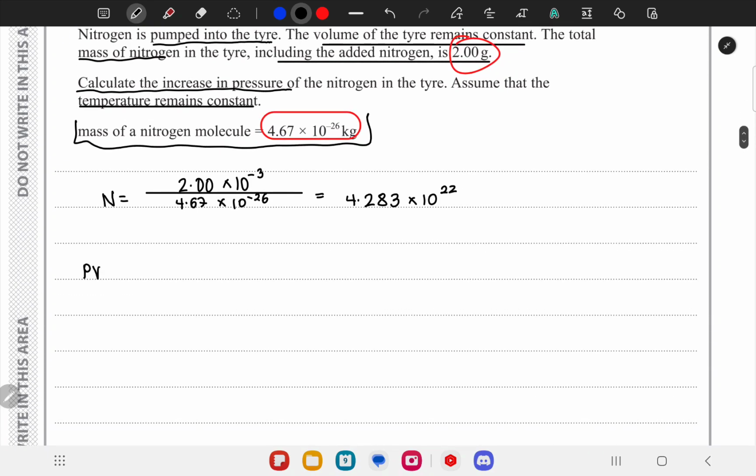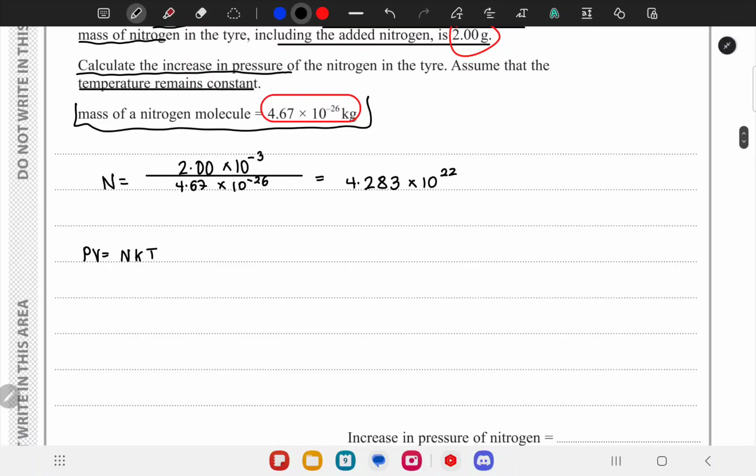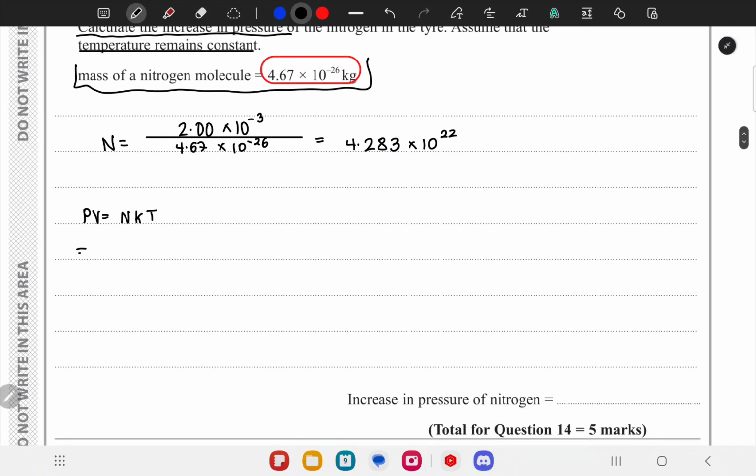Now we can use PV equals NkT to find the final pressure after the nitrogen was added. So the new pressure is the number of molecules after the nitrogen was added, which is 4.283 into 10 to the power 22, times the Boltzmann constant, which is 1.38 into 10 to the power minus 23, and the temperature in Kelvin.